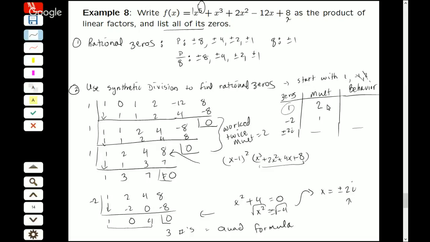So let's go find the behavior. If you have a multiplicity of 2, what is your behavior? Touch. If you have a multiplicity of 1, it crosses. So at this point, you are almost ready to sketch your graph. You have a zero of 1, you have a zero of negative 2. It crosses at negative 2, and it touches at 1.